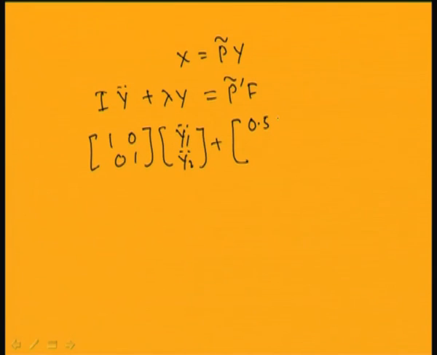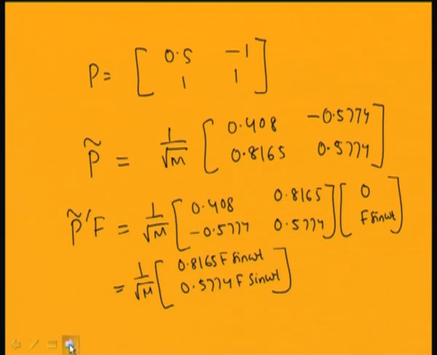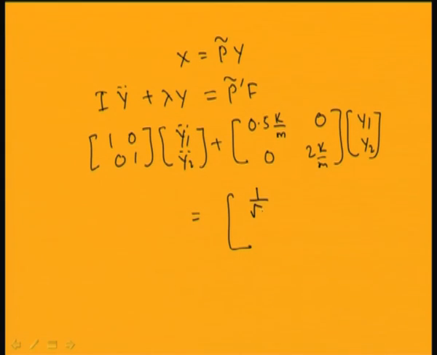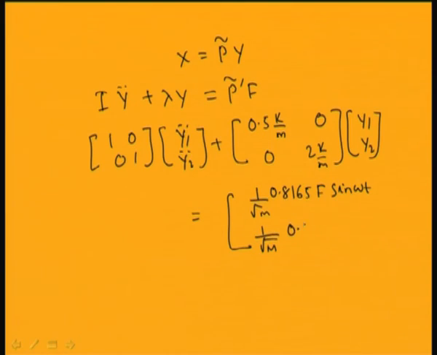This is equal to the expression we already obtained: 1 by root m times 0.8165 F sin omega t, and 1 by root m times 0.5774 F sin omega t.